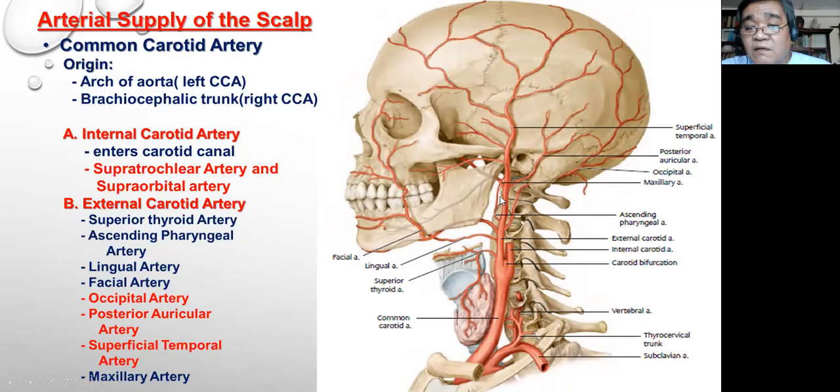This is the external carotid artery, which is one of the terminal branches of your common carotid artery. It sends blood to the scalp via the superficial temporal artery, which supplies the parietal, occipital, as well as partly the frontal region of the scalp.